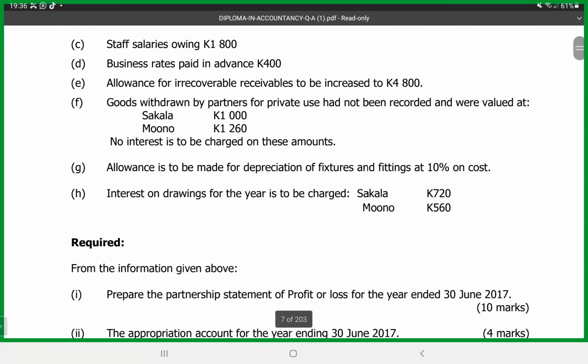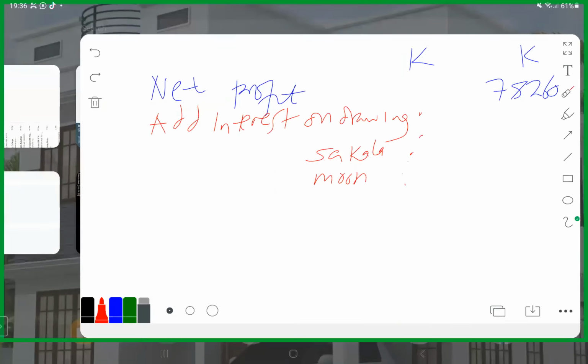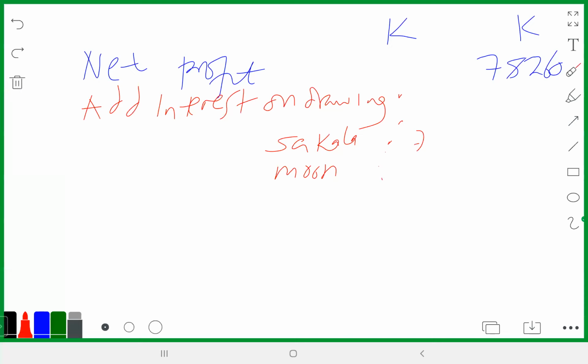The interest on drawing, you've seen adjustment number H. Interest on drawing for the year is to be charged Sakala 720 and 560 for what? For Mono. 720 Sakala, 560 for Mono. So it is 720 and 560 for Mono.